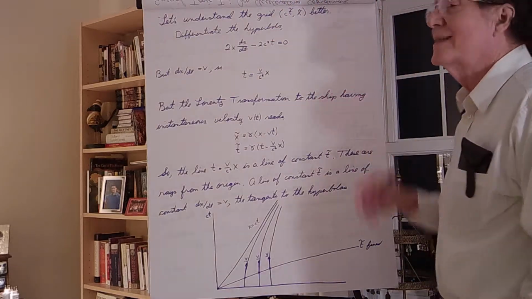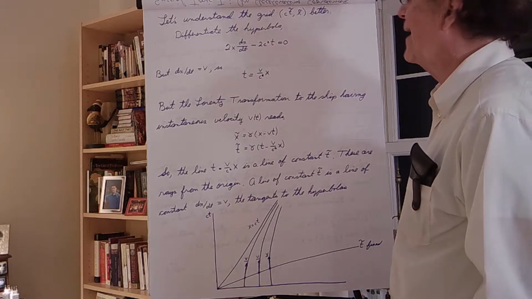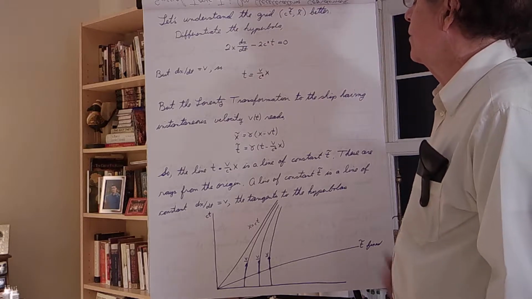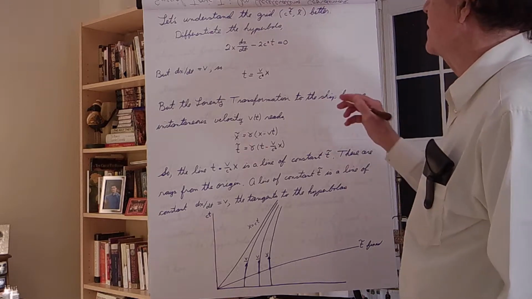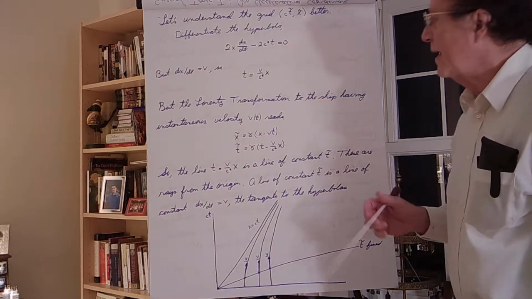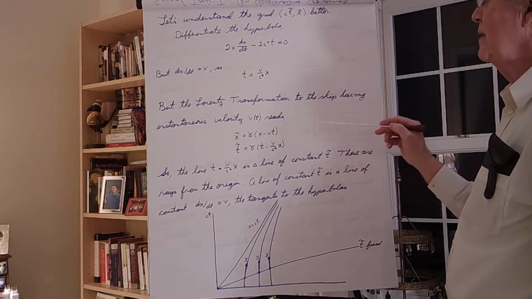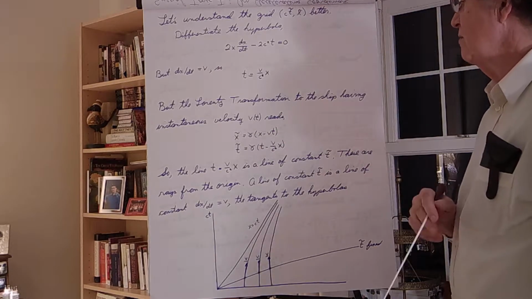This is a slice through the Minkowski diagram at a constant angle, where t moves up as a function of x. To make that explicit, consider the Lorentz transformation to the ship having an instantaneous velocity v. The Lorentz transformation reads like this.